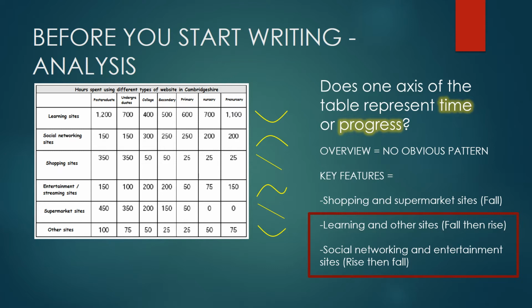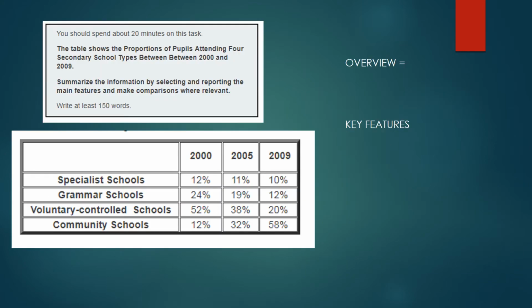So, before you start writing, you need to look at the data, you need to identify an overview, 3 key features, and 2 features which you will report together. I'll now look at this task. It's a very simple table.